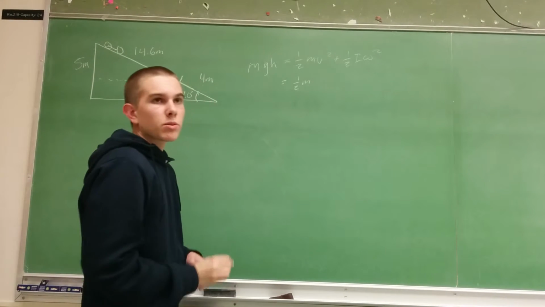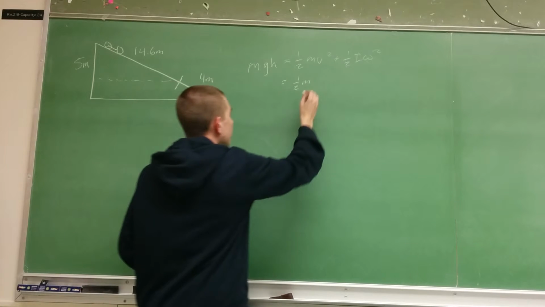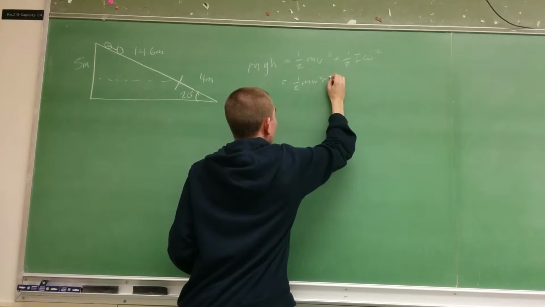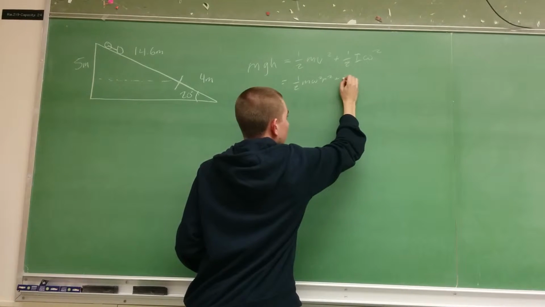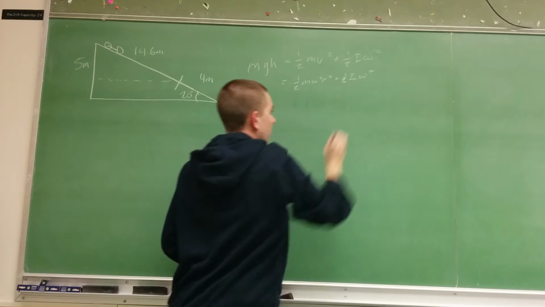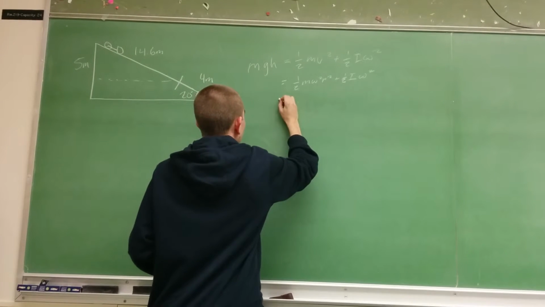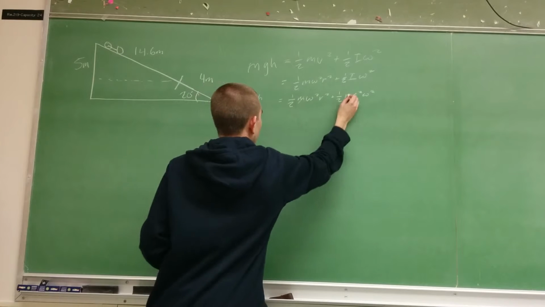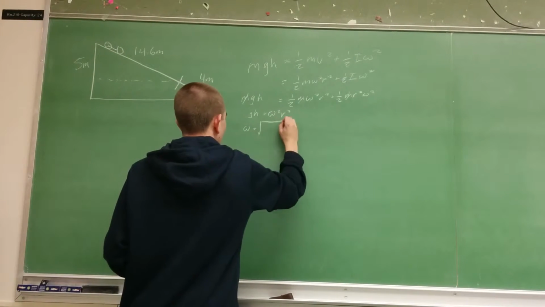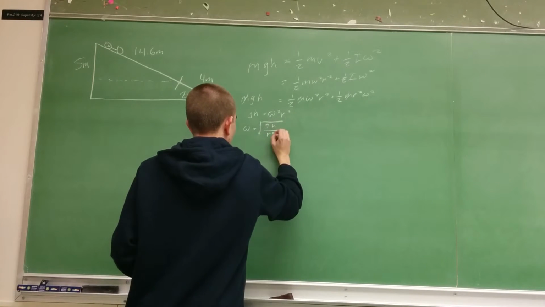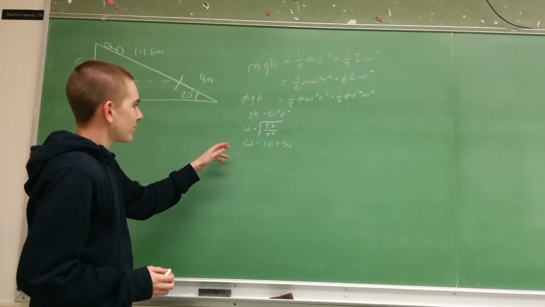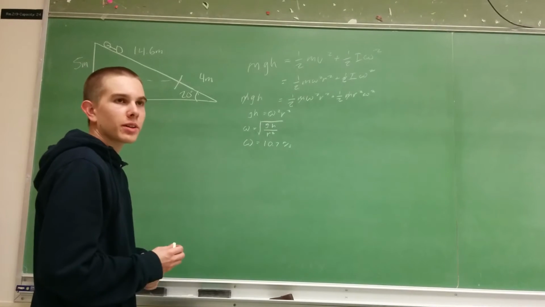We can write v squared as omega squared times r squared. Plugging in the values, you'll get omega as 10.7 radians per second.